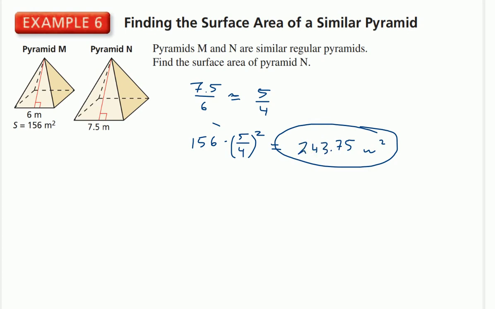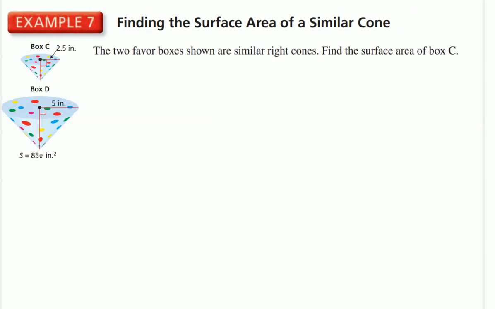All right, and let's see, we've got one more example. If I want to find the surface area of a similar cone, again, we want to take new to original. So this is the one we're finding, that's the new. So I'm going to put 2.5 over 5, simplify that down. That is a factor of 1/2.